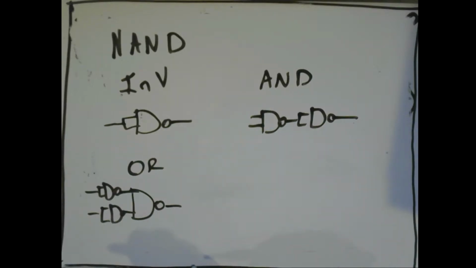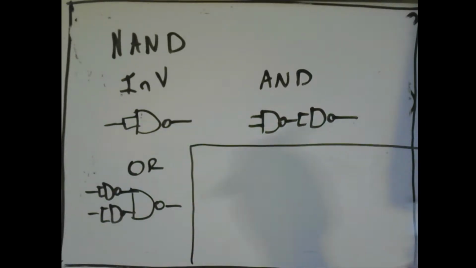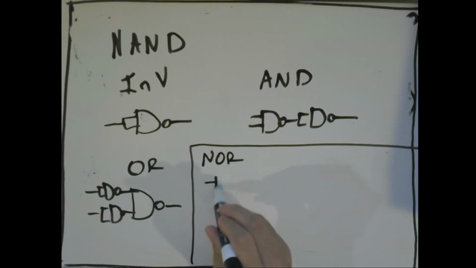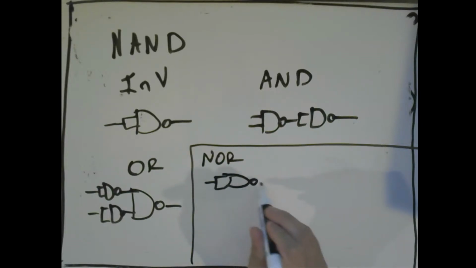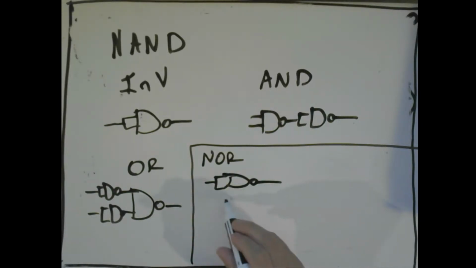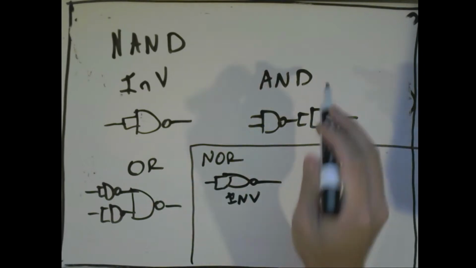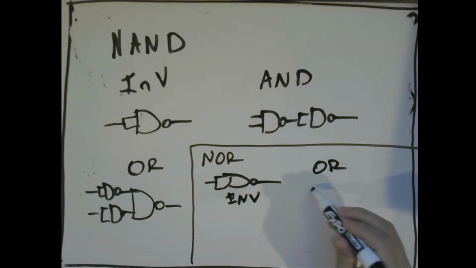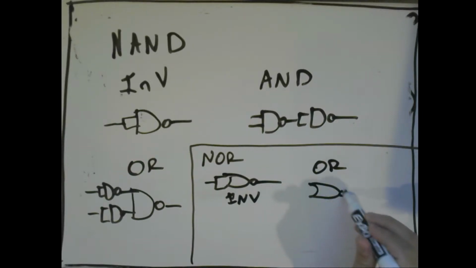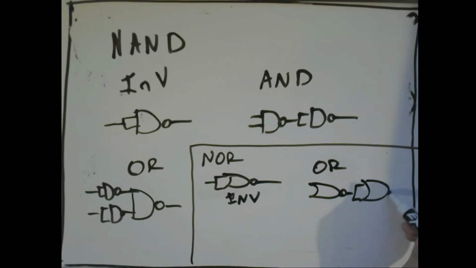And the same thing is pretty true with the NORs also. The inverter is exactly the same, only we have a NOR gate. This is the inverter. And the ANDs and the ORs are switched. So to make an OR gate, it's just a NOR gate with its output inverted.